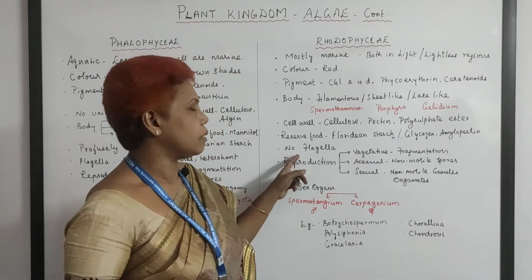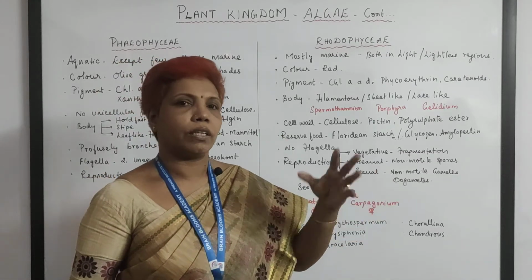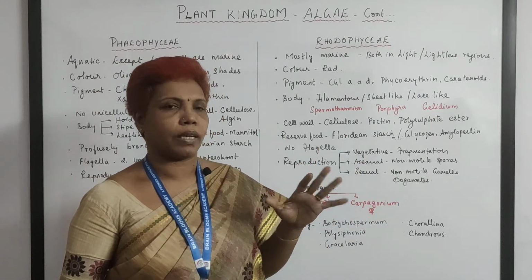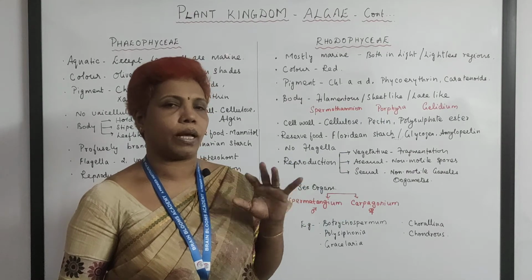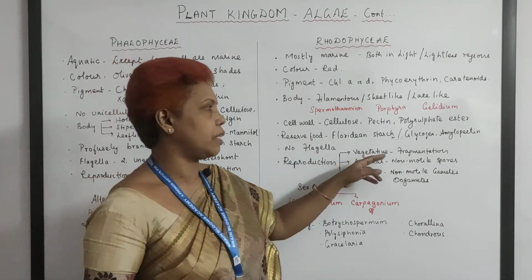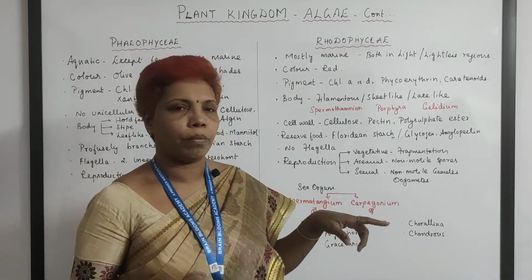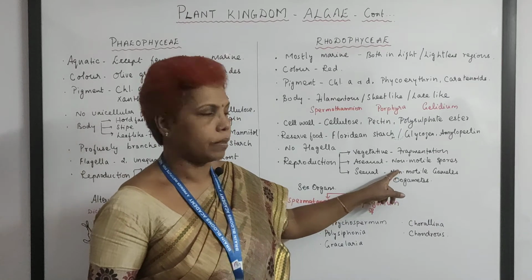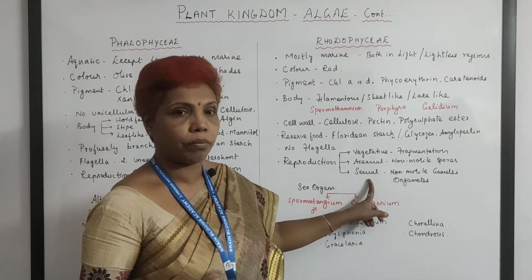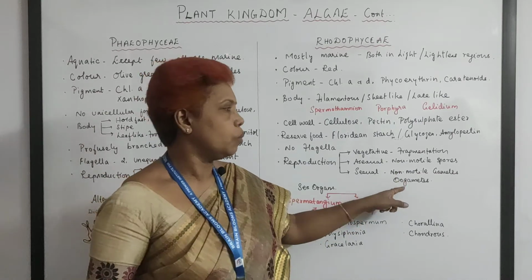Okay, and this is the case where no flagella is seen, whether in asexual forms or sexual gametes. There is a total absence of flagella. And the reproduction, as usual, is vegetative by fragmentation. The asexual spores are formed, but they are non-motile. And in sexual forms, they form non-motile gametes, oogamous.